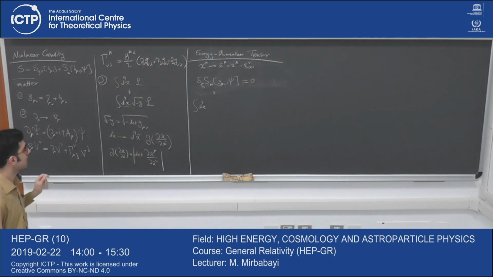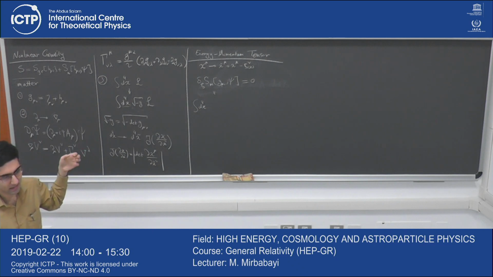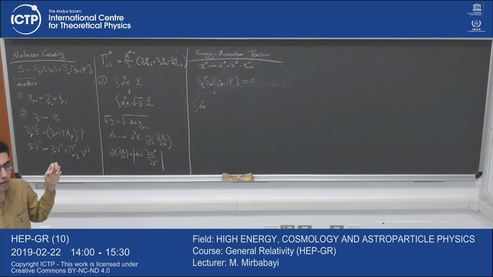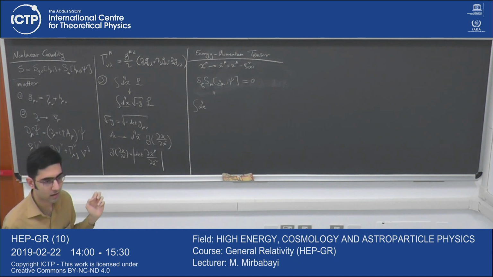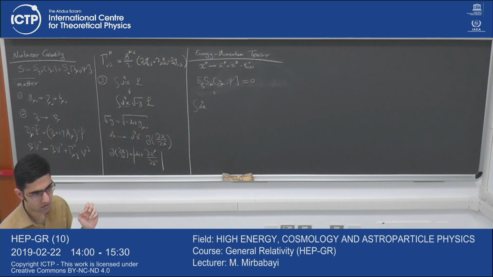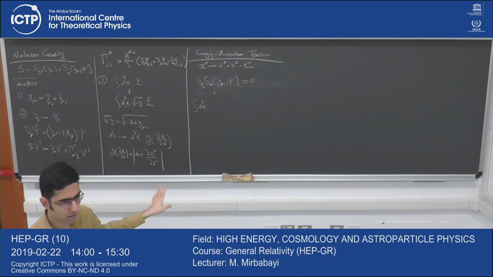Well, you will see, because at the moment I haven't really accomplished anything. I'm not going to use the Noether theorem here. So if you are worried about the Noether theorem, I'm not using that at the moment.